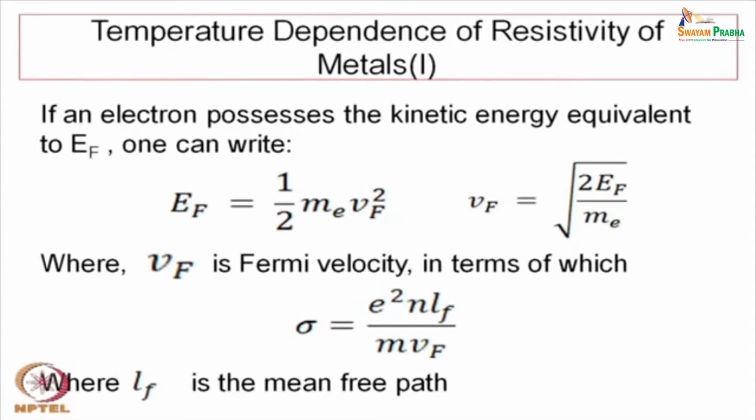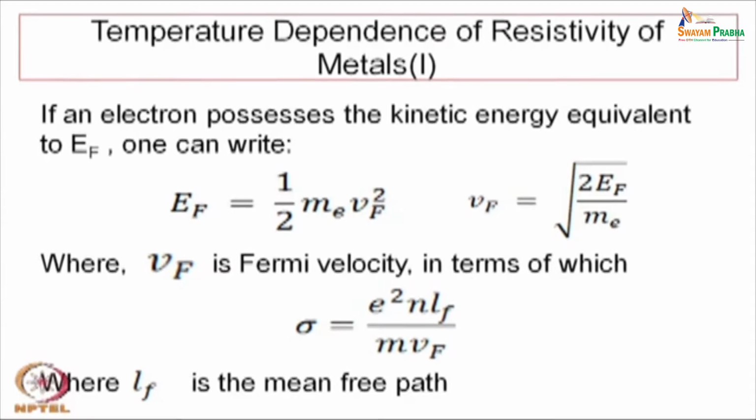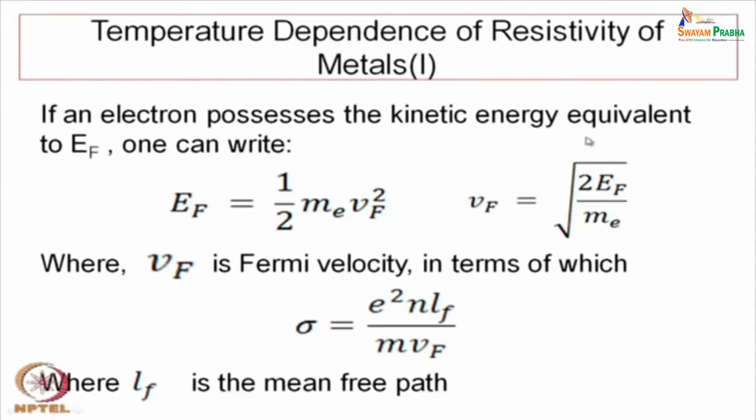So, half m e v square is the kinetic energy; if the kinetic energy is E f and the velocity of that electron is V f, then V f will be equal to the square root of 2 E f by m e, where m e is the mass of the electron.